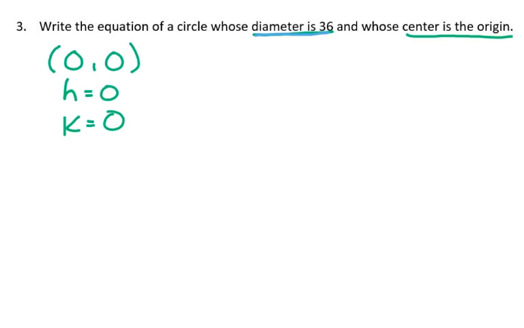Now we have to pay really close attention with this problem. This is a trick here. It gives us our diameter, but we cannot use our diameter in our formula. The diameter is going to be used in order to calculate our radius. Remember, the relationship between a diameter and radius is that the radius is equal to half of our diameter.